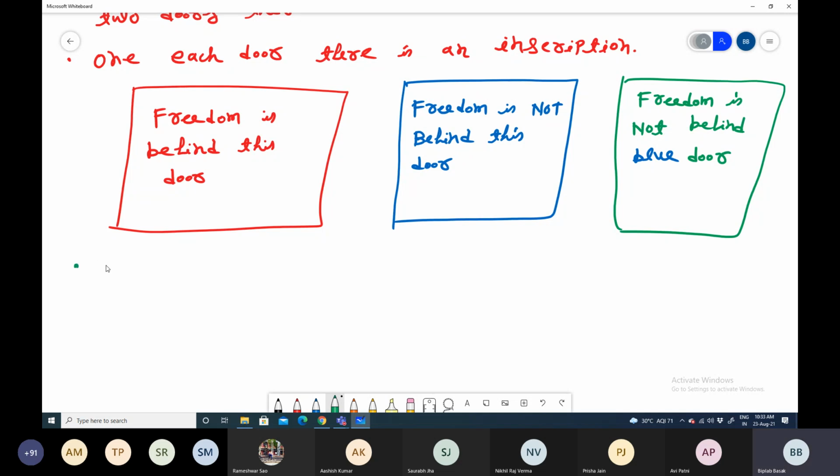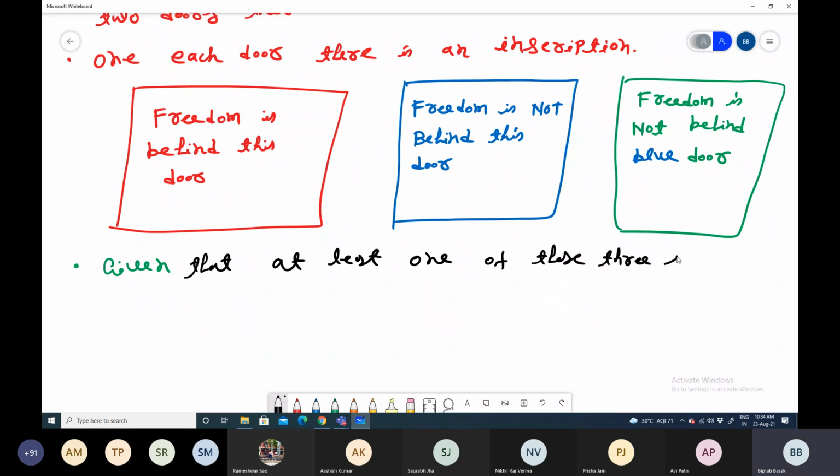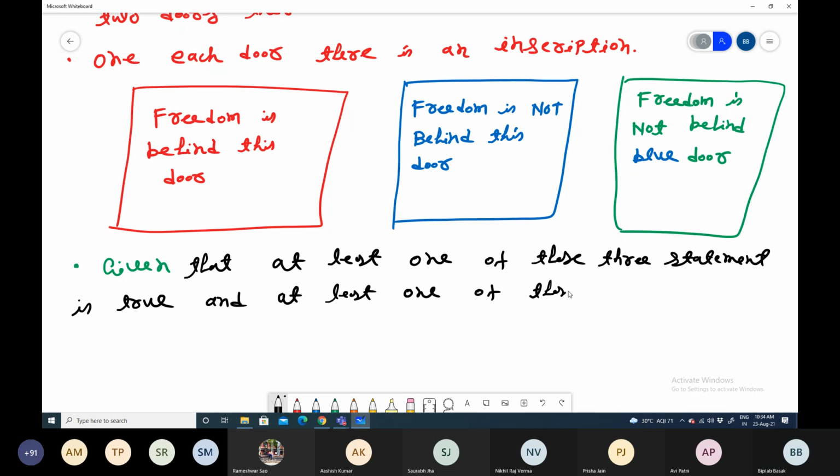And also it is given that at least one of these 3 statements is true and at least one of these 3 statements is false.